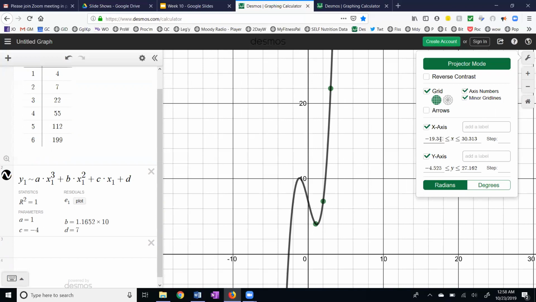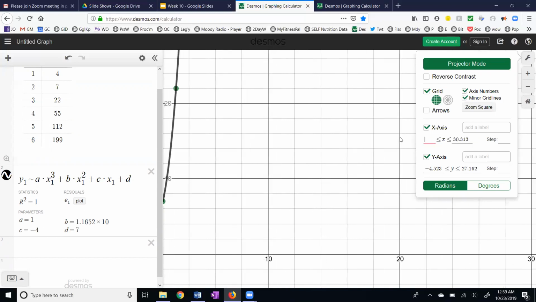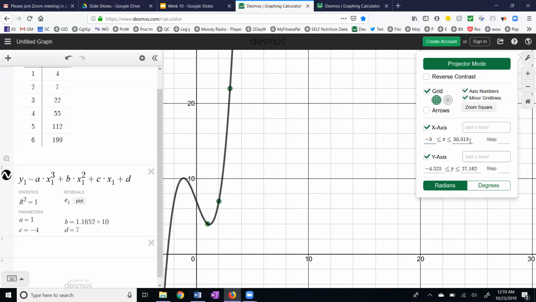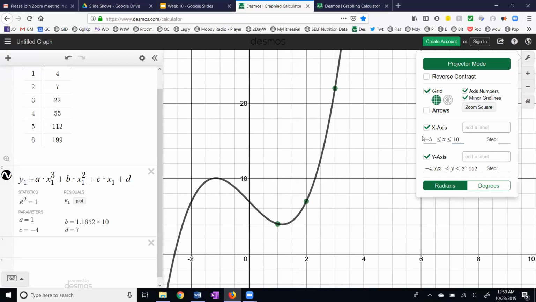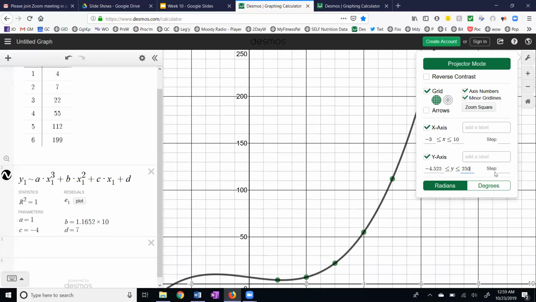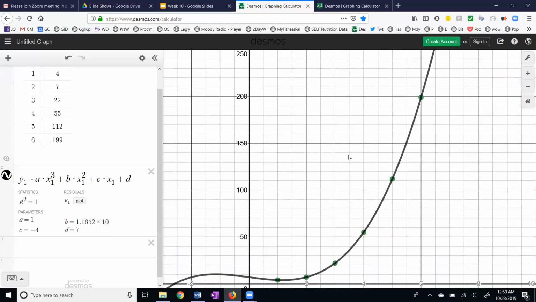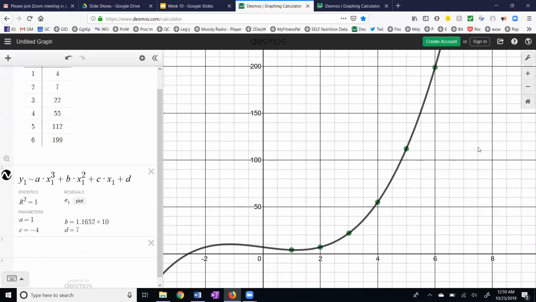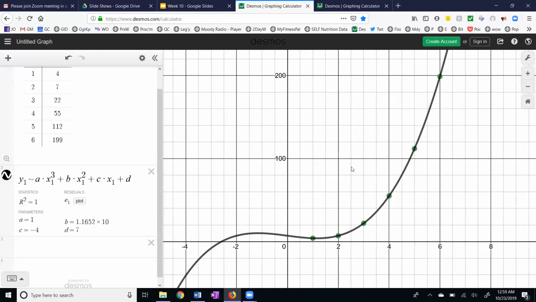X only needs to go from about -3 to 10 or so. But Y needs to go all the way up over 199, maybe 250. So we can see here that I have a perfect fit for my cubic. And my coefficients are 1.